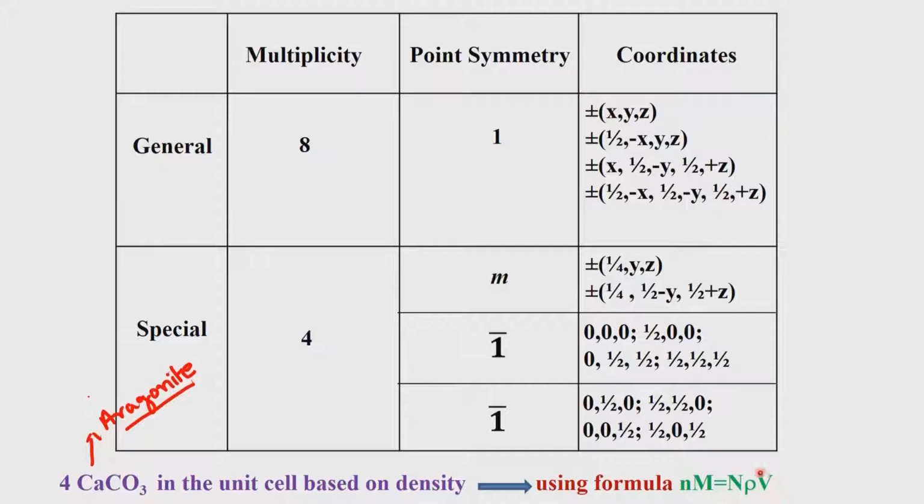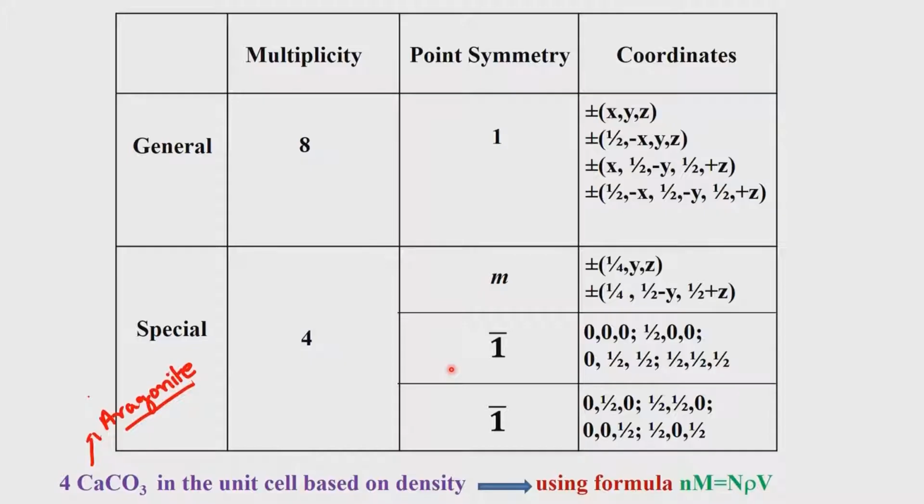The right hand side is evaluated and is divided by the value of M, which is the molecular weight, and that value will give us the value of N, and it turns out to be 4. That means we have 4 calcium carbonate units in this unit cell. So, that knowledge is gained.